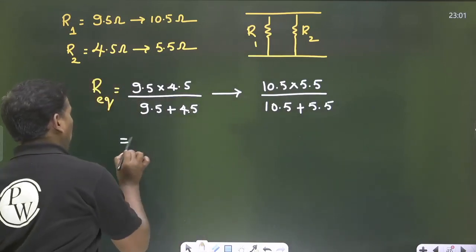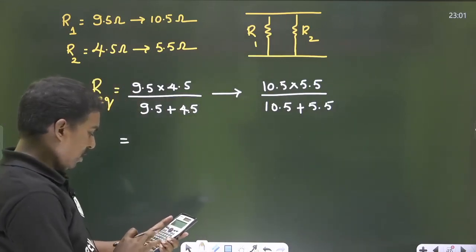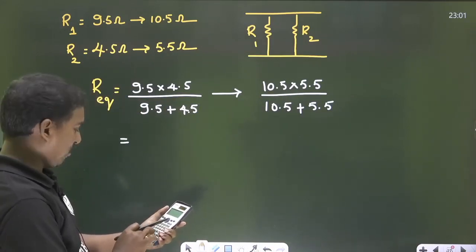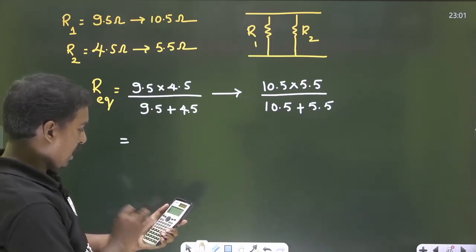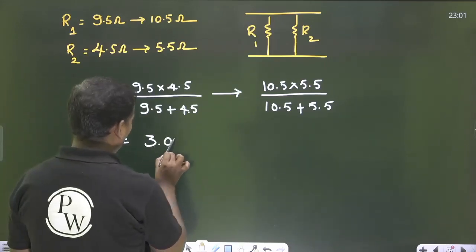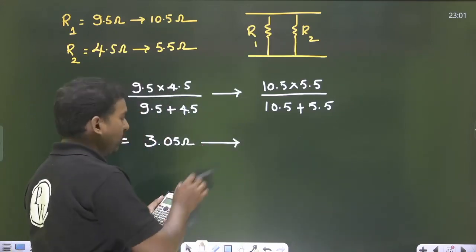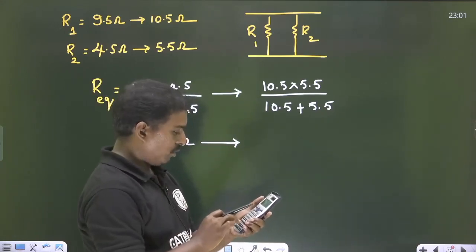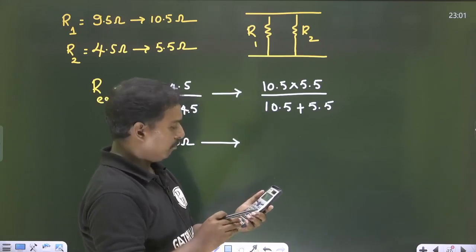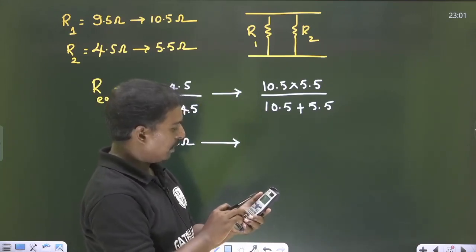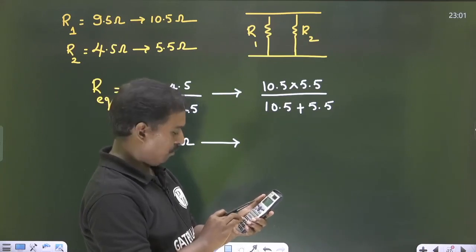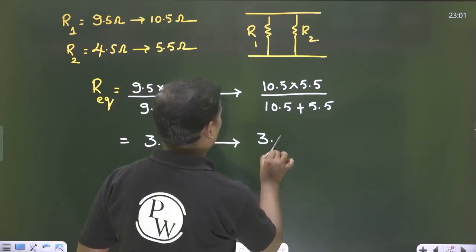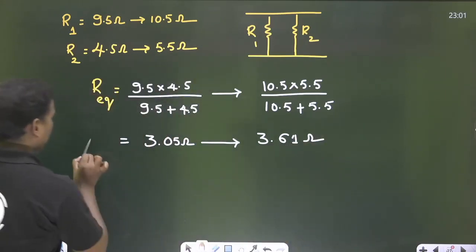Got it? So how much are you going to get now? Please check it. 9.5 into 4.5 divided by 9.5 plus 4.5 comes around 3.05 ohms to 1. Please use the calculator including the significant figures, because sometimes the options are very close. 10.5 into 5.5 divided by 10.5 plus 5.5 is 3.609, around 3.61.